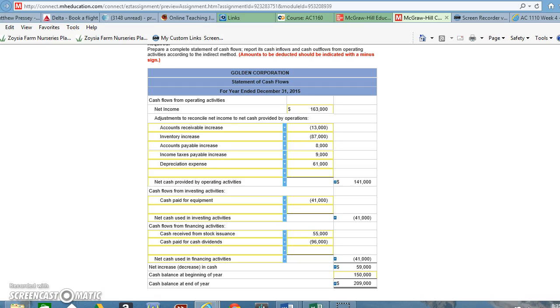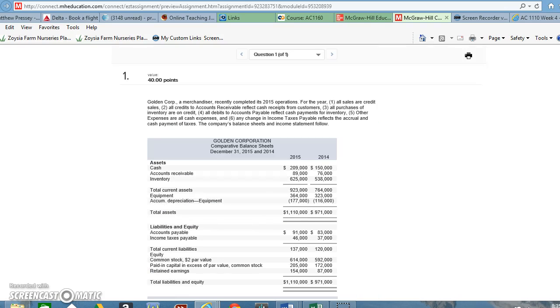Basically, you'll start with the cash flows from operating activities. Then you'll go through the investment activities and finally the financing activities, to calculate the net increase in cash for the year and add that to the beginning cash, which leaves you at the ending cash for the year, which should match the GL number up here at the top of the balance sheet.